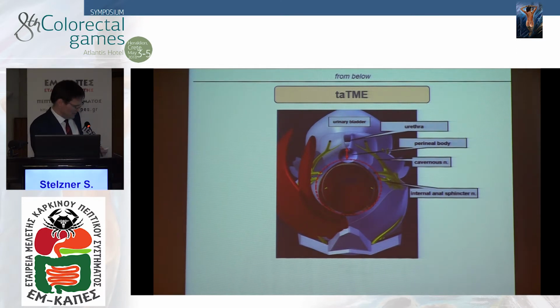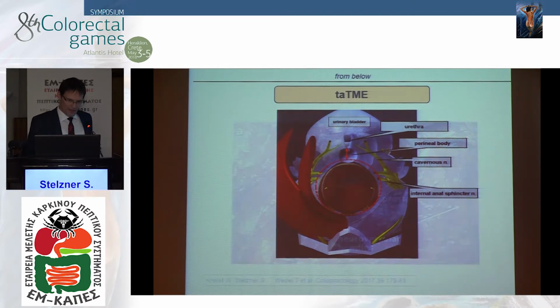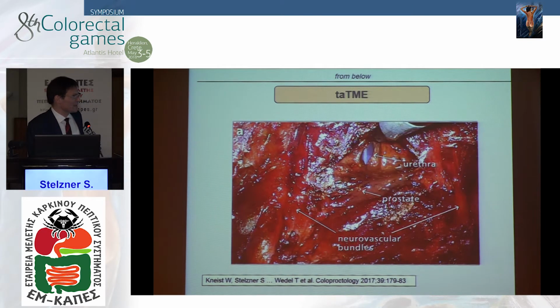because, as I have said, the distance to the urethra at the level of the perineal body is rather small. And if you don't recognize that, it can look like this. That was something we did intentionally, just to demonstrate how that problem can end up. So you have got the mesorectum down there, prostate, a small bridge, and then you run into the urethra.